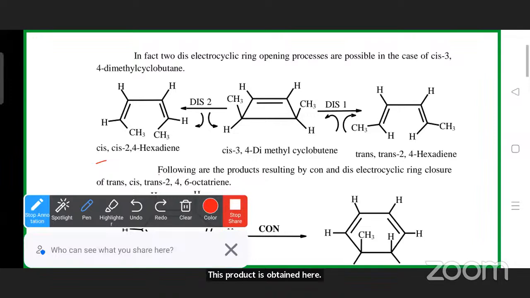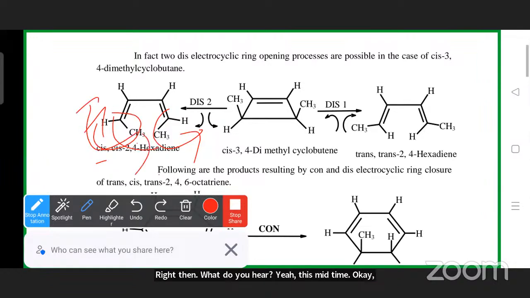Now upon the rotation of these groups, for example, if you do the disrotation like this, you rotate like this and you rotate like this, then this methyl comes here and hydrogen comes here. Here also the same thing. So we get this product. The stereochemistry of this product is cis, cis-3,4-dimethylcyclobutene.